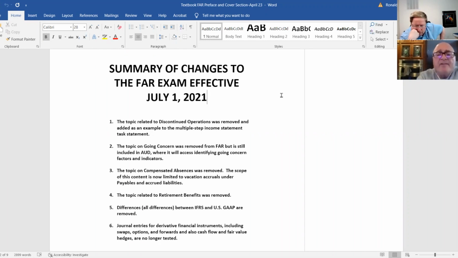It's all identified in the auditing section: what audit procedures you need to perform in identifying a potential going concern situation, and what audit evidence you need to satisfy yourself as to whether you truly, as an auditor, have a going concern situation where you have to put that in your opinion as a separate paragraph.